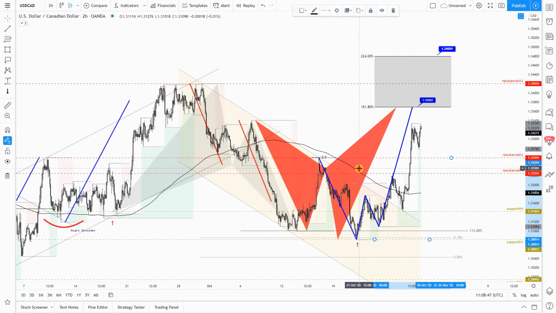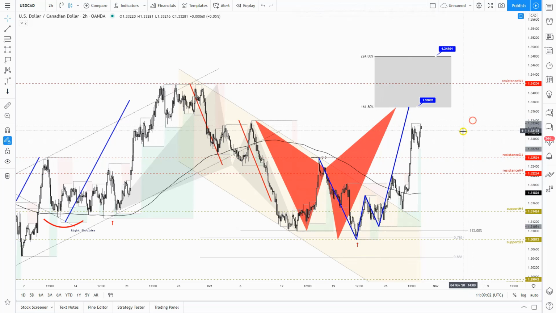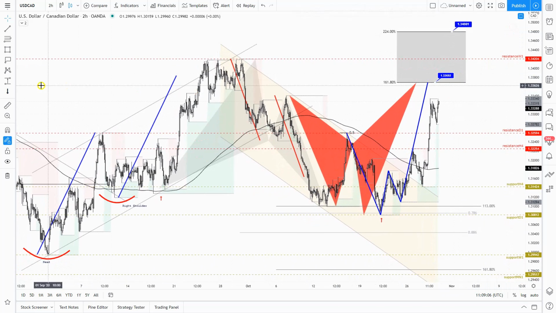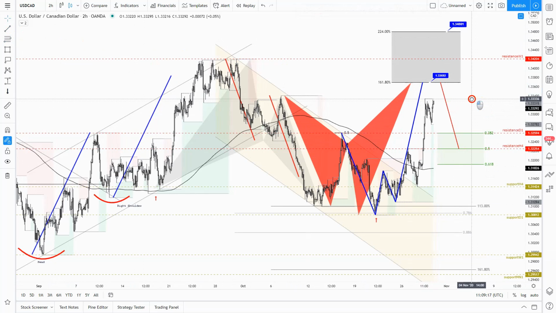taking into consideration that the crab pattern will not be pushed above. That will fail with the crab pattern, so we expect actually a strong reaction from this golden Fibonacci level, because we have that convergence between those patterns at 133.69. As always, put your Fibonacci retracement there, your default target 38 or 50% Fibonacci retracement.